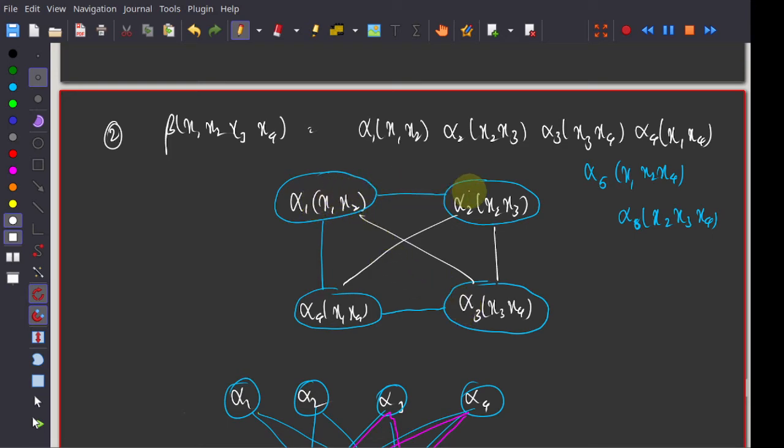So this particular edge corresponds to x2, this edge corresponds to x3, this edge corresponds to x1, this edge corresponds to x4, this edge corresponds to empty, and this edge again is empty. So if I consider any spanning tree of this, I look at the number of edges in that spanning tree which involve that particular variable. What can I say about this?